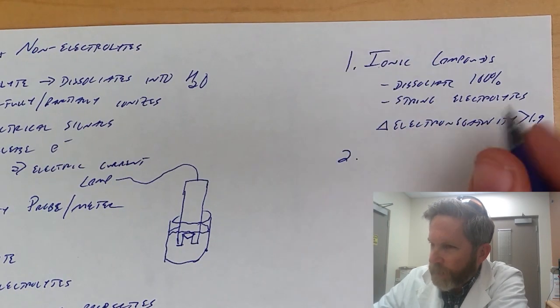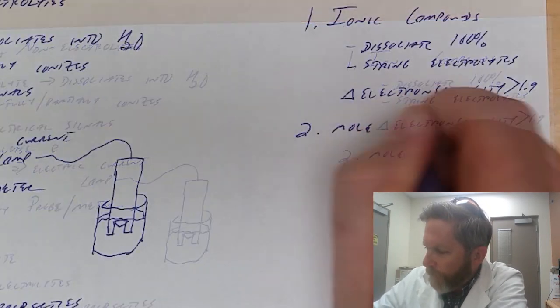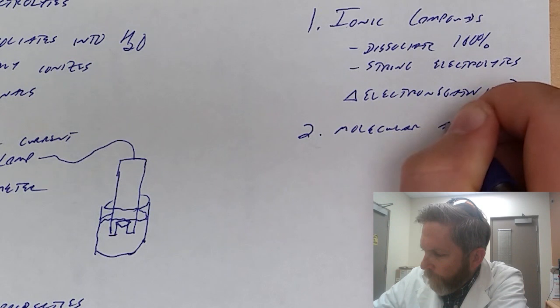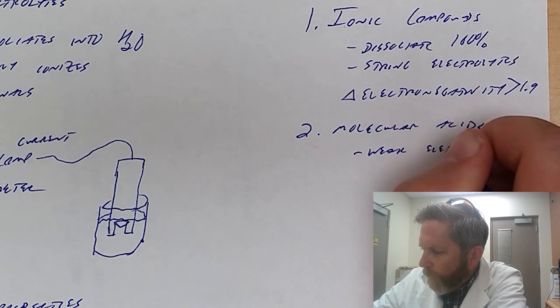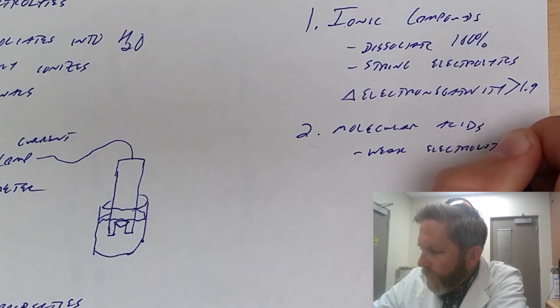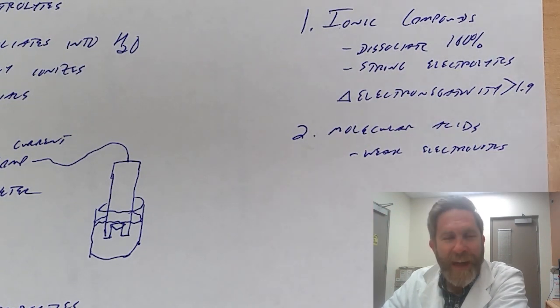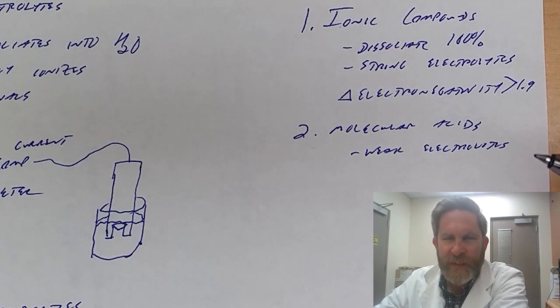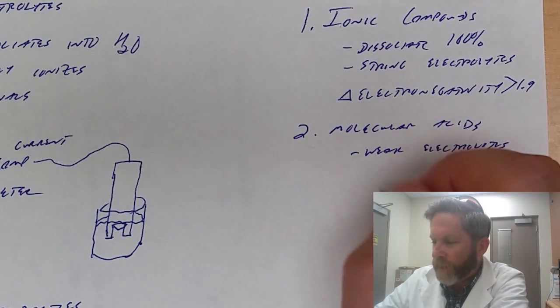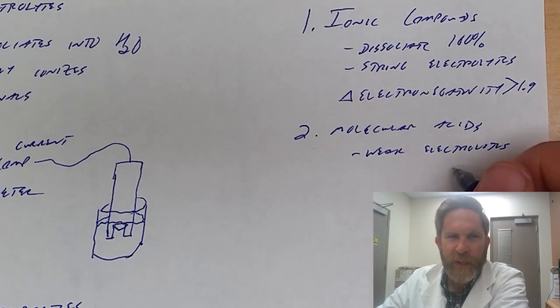Secondly, we're going to look at molecular acids. These are typically weak electrolytes, but they are electrolytes because all acids are compatible with water. So they will interact with and dissociate in water, and the anion portion of the acid is typically an ionic substance, and so there is a minor or weaker electrolytic effect.